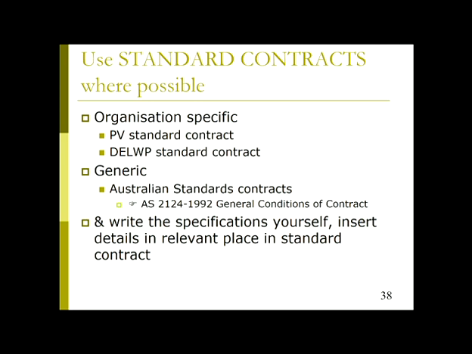So if you're a contractor in the private sector and you're dealing with Parks Vic or Delwip, then they will probably get you to use that standard contract and sign. If you're not dealing with the likes of Delwip or Parks Vic, you could use the standard contracts available through this Australian standard, or you can have a go at writing them yourself, which is a bit risky.